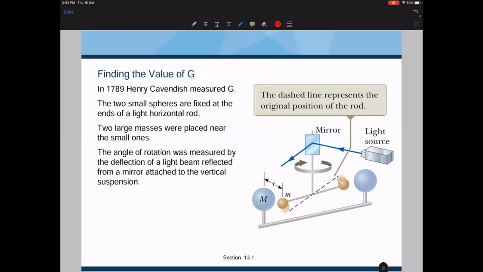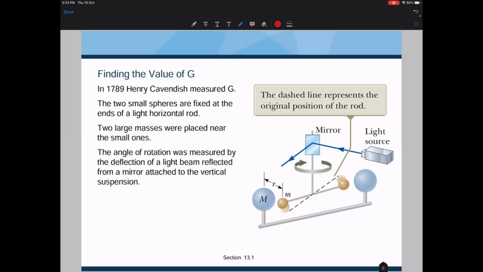In principle, you could calculate the value of G, the large G, by checking the orbit of the moon around the Earth.